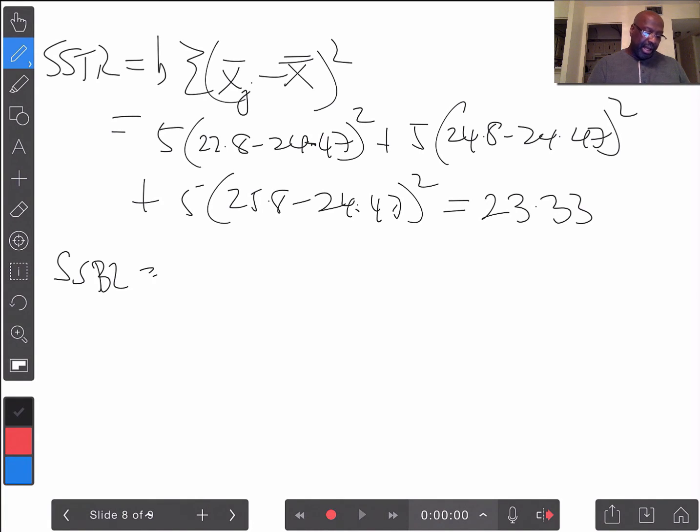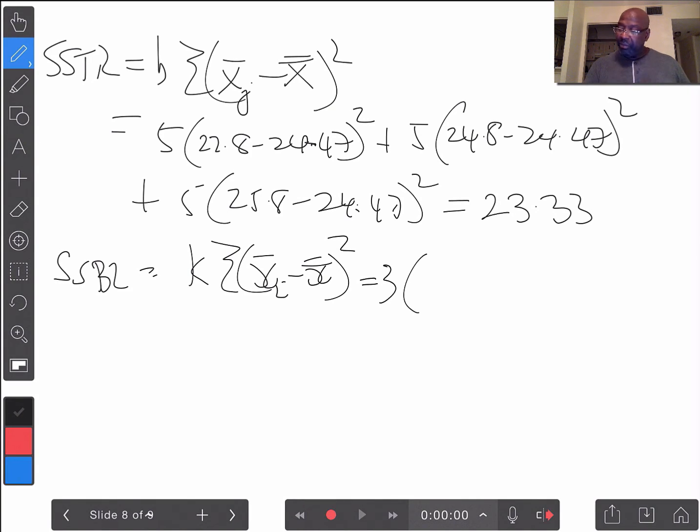If we continue for SSBL, SSBL is K times X bar I minus X double bar squared. Now there are 5 of them. I won't write out all 5. I'll just write the first and the last one. So it'd be 3 times the block mean for block 1, which is 19.67. 19.67 minus 24.47 squared plus dot dot dot, meaning that I'm continuing, plus 3 times the very last one.